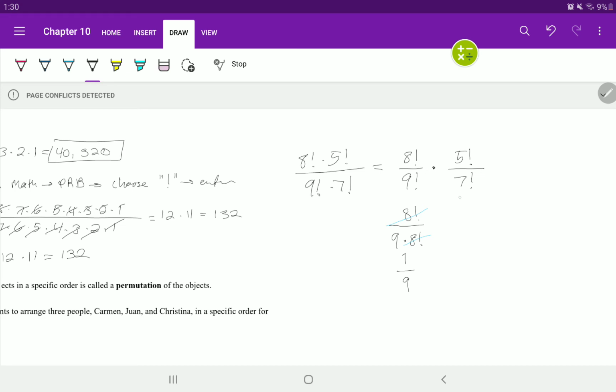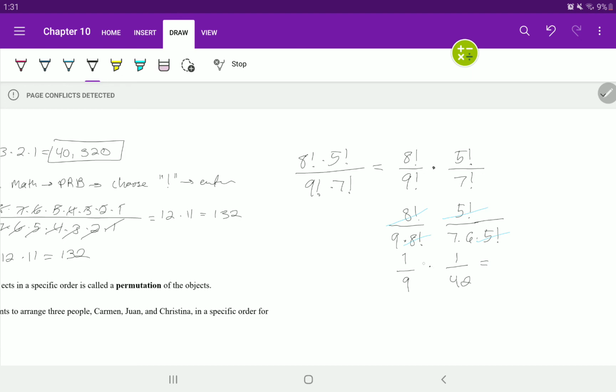For this one, 5 factorial over 7 factorial, the bigger factorial is in my denominator, so I'm going to expand that one until I reach the smaller one. So 7 times 6 times 5 factorial. Simplify those out, and I'm left with 1 over 7 times 6, which is 42.